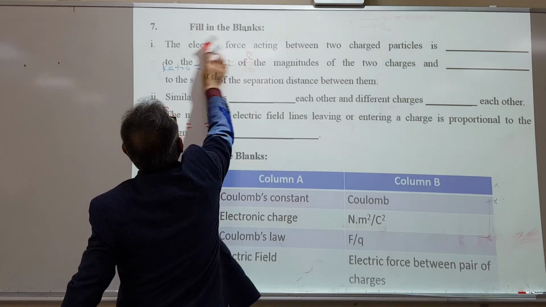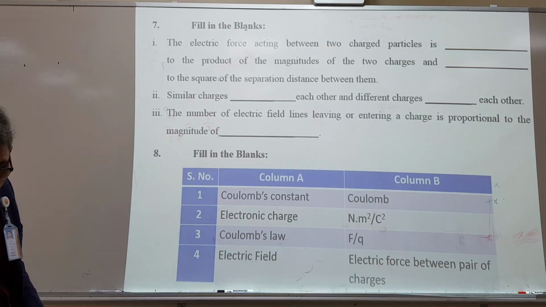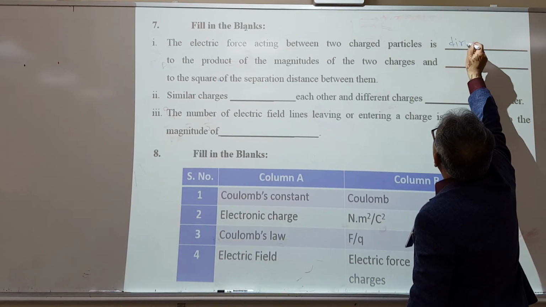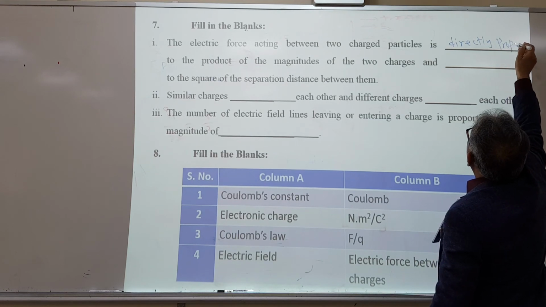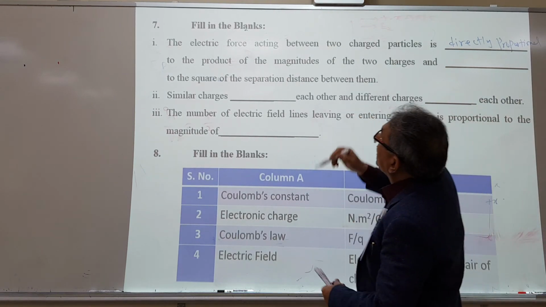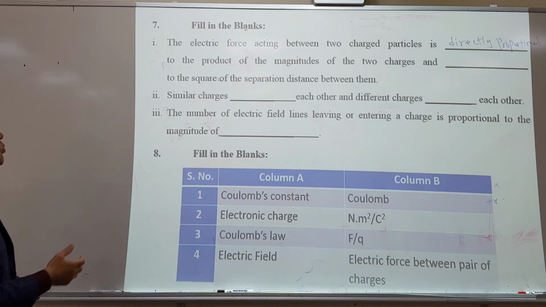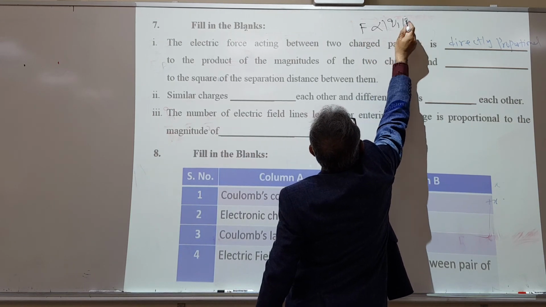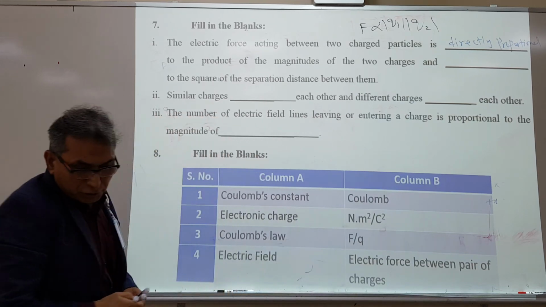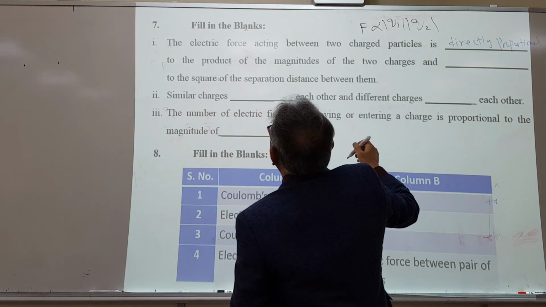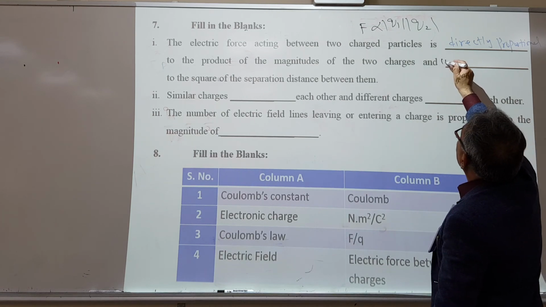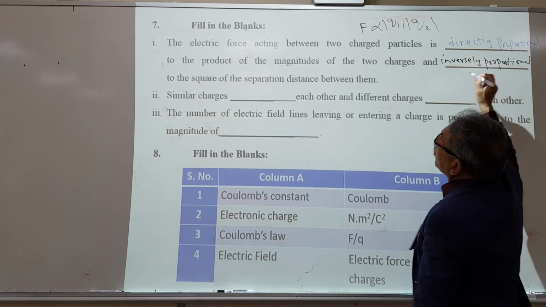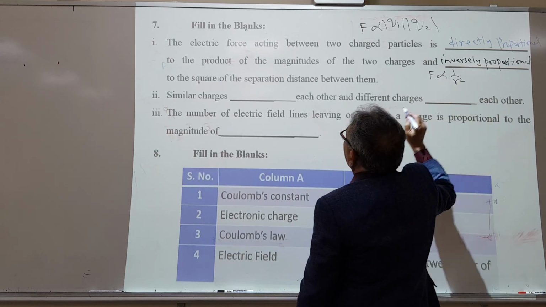Next, fill in the blanks quickly. The electric force between two charged particles is directly proportional to the product of the magnitudes, and inversely proportional to the square of the distance between the two.